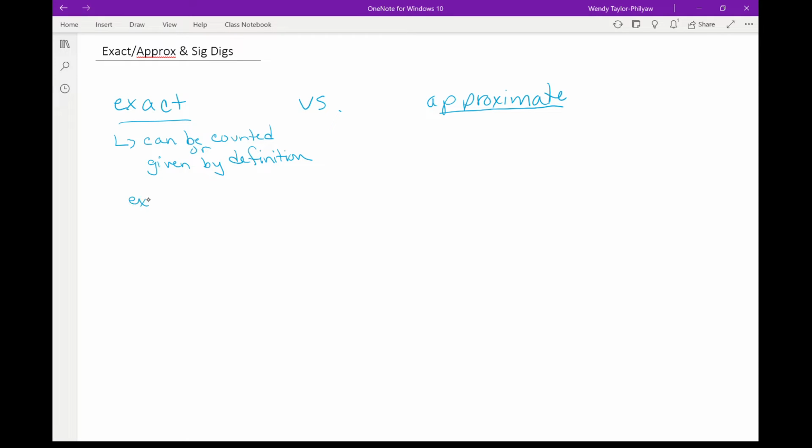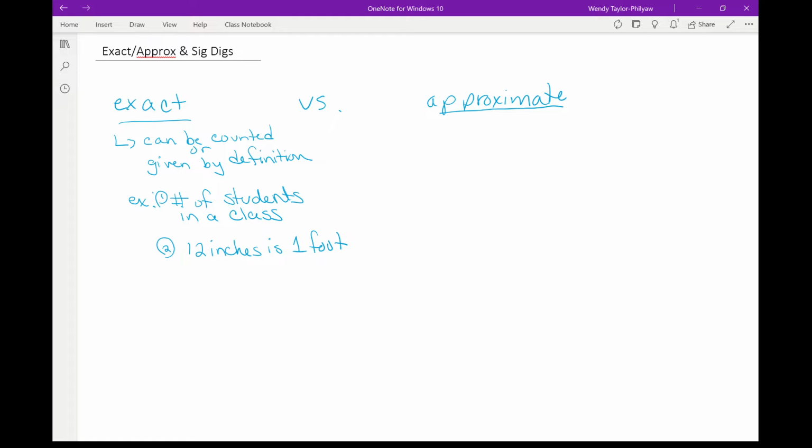For example, if we wanted to know the number of students in a class, we can actually count those, and that is considered exact. If we are told that 12 inches equals 1 foot, those are exact. That is a definition.